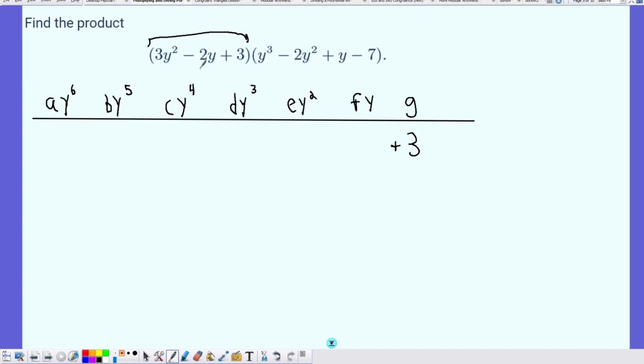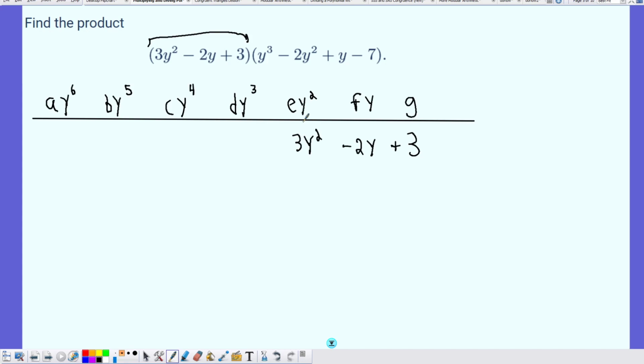Then I have a regular y term, this negative 2y. So I'm going to put my negative 2y under the f y column, since that's where my linear y terms would go. Then I have 3y squared. That would go under my y squared column.